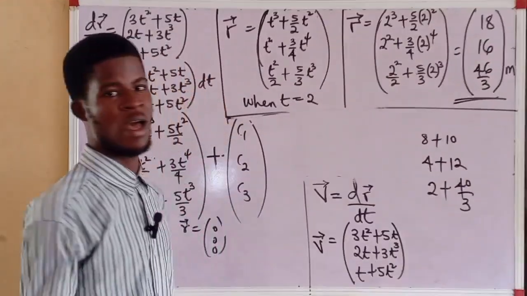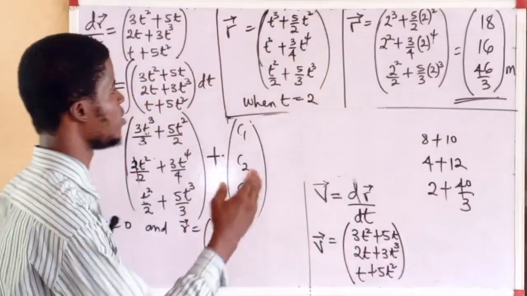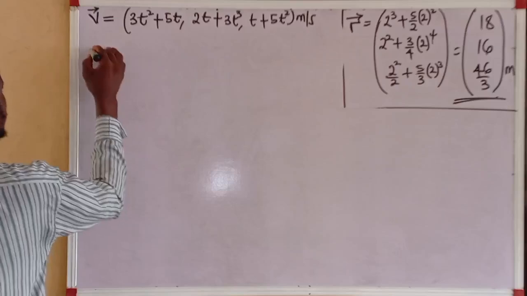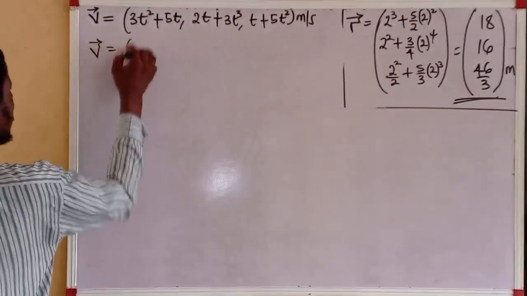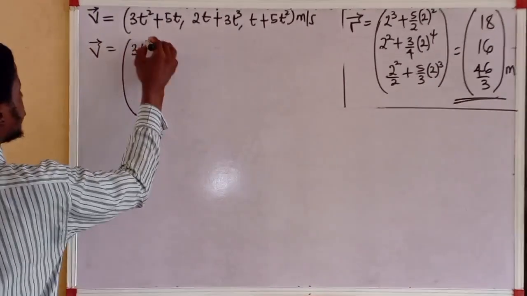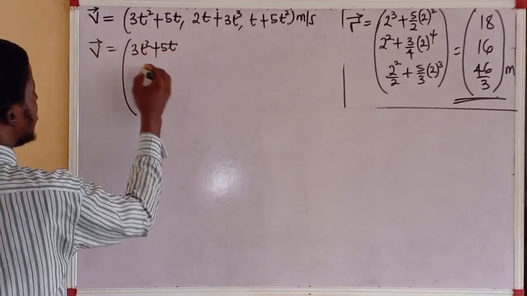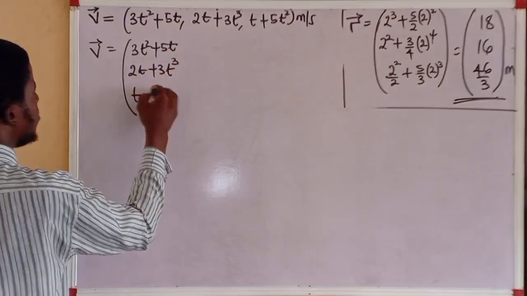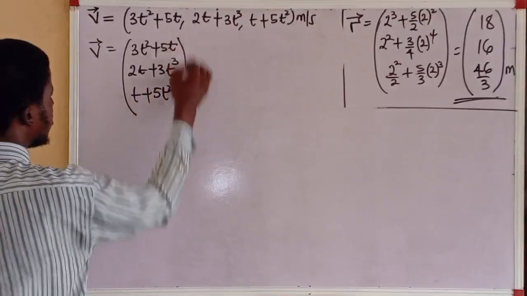Now, what is the acceleration of the particle when t is equal to 2? Let's determine that. This is the velocity vector that we're given. Writing this as a column vector, we have 3t squared plus 5t, 2t plus 3t cubed, t plus 5t squared.